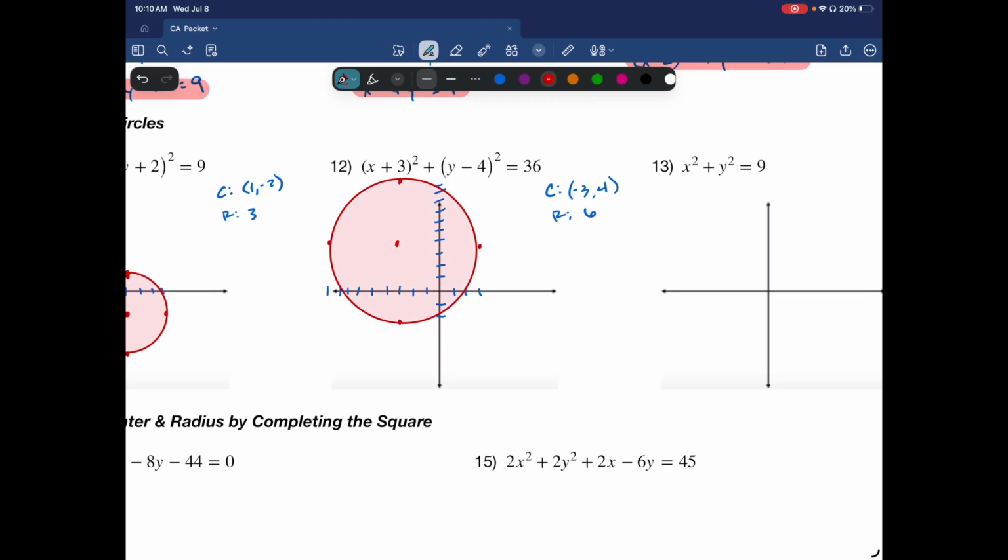All right, so you get the idea. If you had a more exact grid, you could get more exact, but that's the idea.